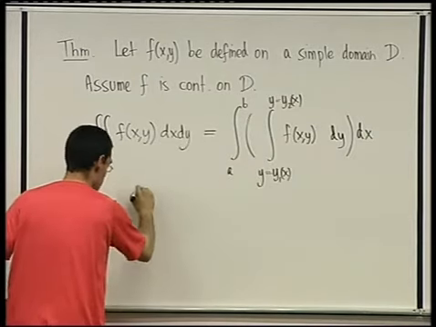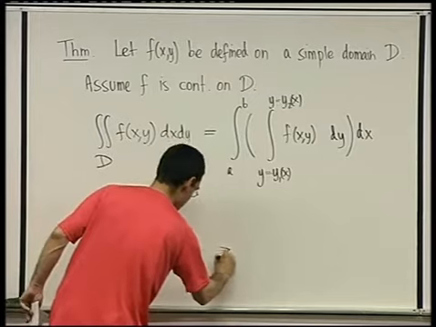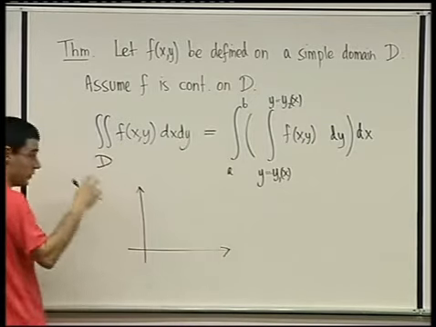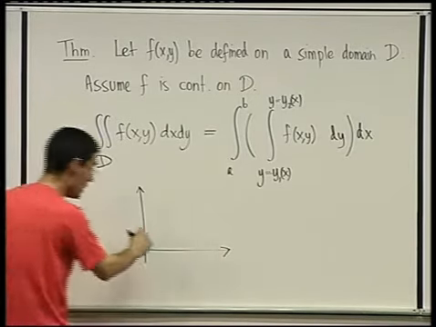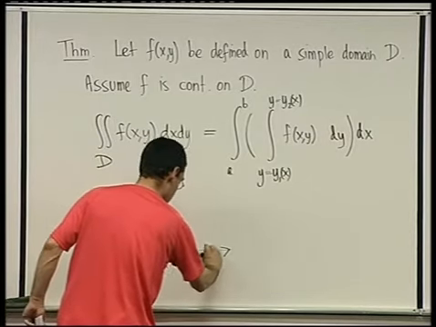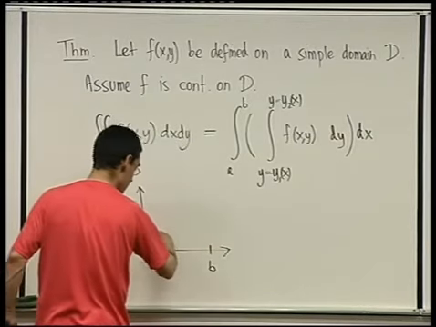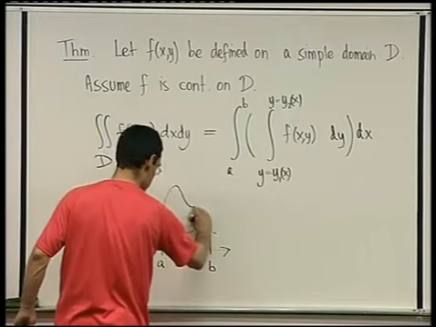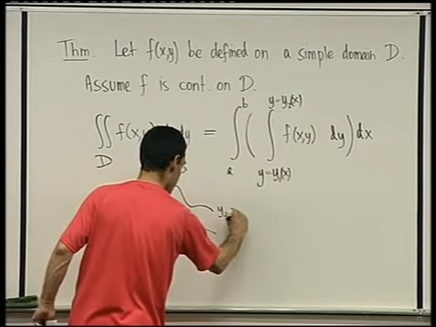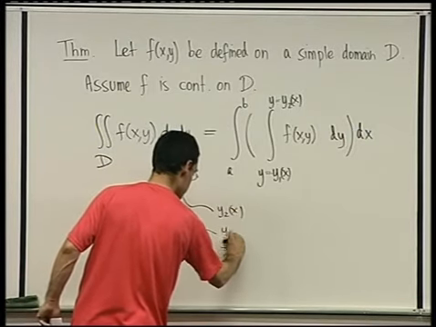Okay, so let me just quickly jot down the domain here. This is a bird's eye view of the domain of the function. The domain now is x's between a and b, and y's between two functions, y1 of x and y2 of x.